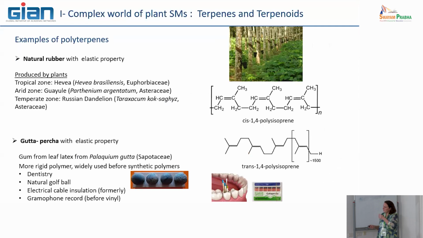And gutta-percha was also a latex that comes from a particular plant, Palaquium gutta. It's a plant that now is completely protected, okay, because it has been used a lot.